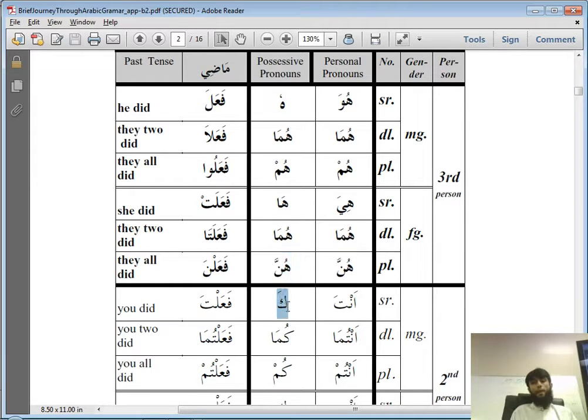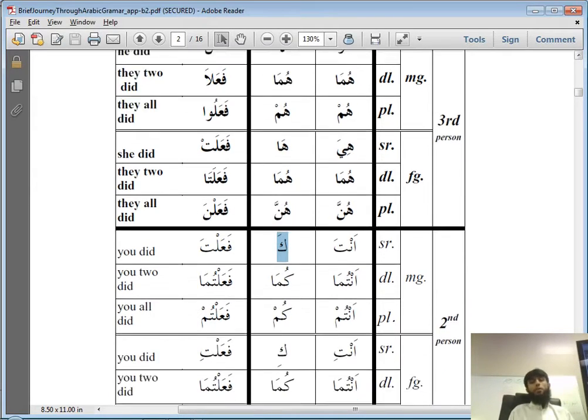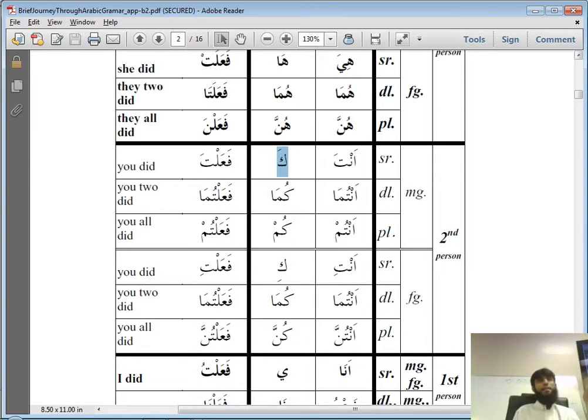Okay. Now you have ka, which is quite common and it's easier. So ka is for you when you're talking as an object or as a possessor. So you say Rabbuka, your Rabb. Or Assalamu alayka. Now this is an object because you're doing the action of sending salam, and the person receiving the action is denoted by ka, meaning you.